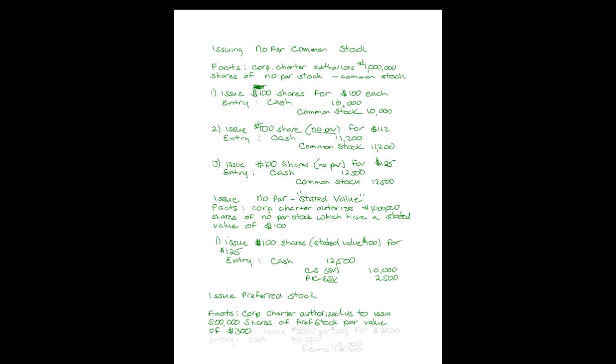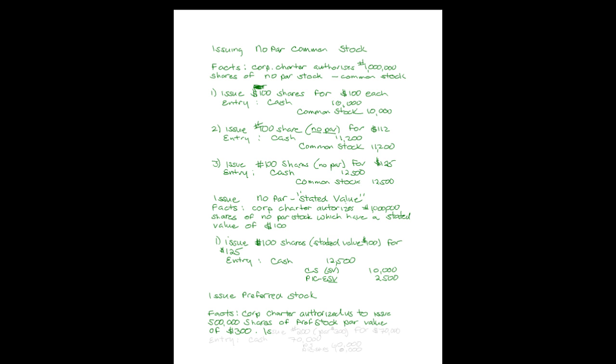Let's say our corporate charter authorizes us to issue 500,000 shares of preferred stock with a par value of $300. And that we do issue some. Let's see if we can get it all on the page.